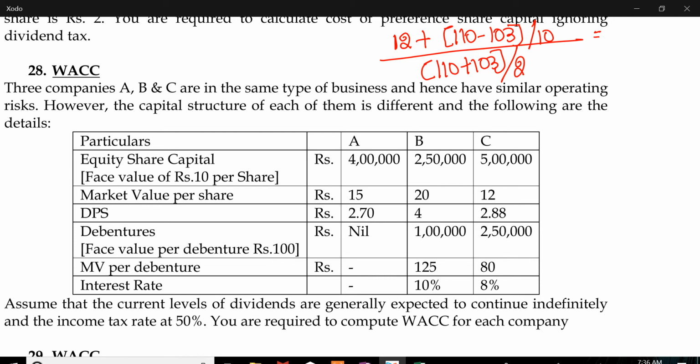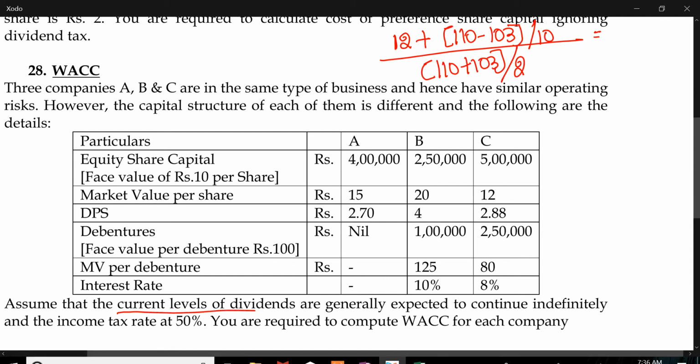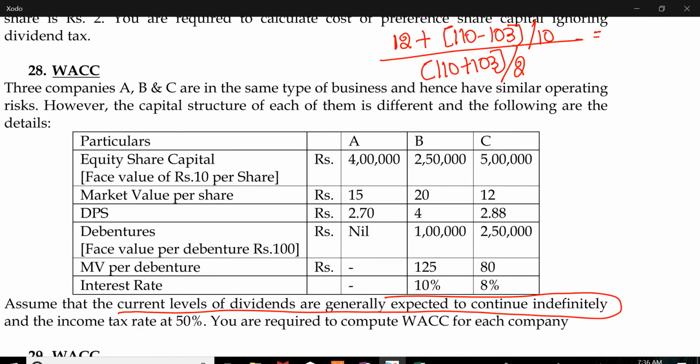So, I have to calculate KE. Now, wait. Then again same rules. Company paying dividend, not paying dividend? Paying dividend. Constant growth, no growth, step up growth? Current level is expected to continue indefinitely, which means there is not going to be any growth.